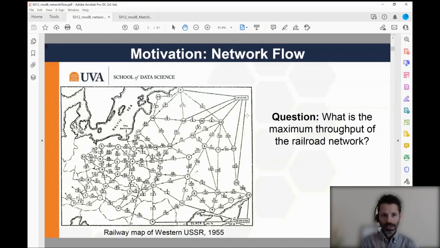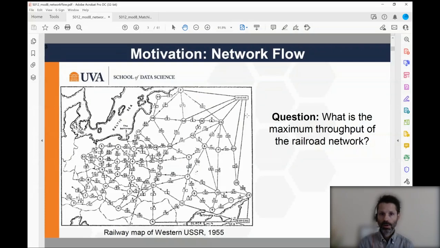In this scenario, we might be very interested in analyzing the flow, so this would be the flow of traffic, the flow of persons along this network. You could do traffic analysis, transportation analysis, logistics, pipeline analysis, all sorts of analyses with respect to the flow on a network like this.